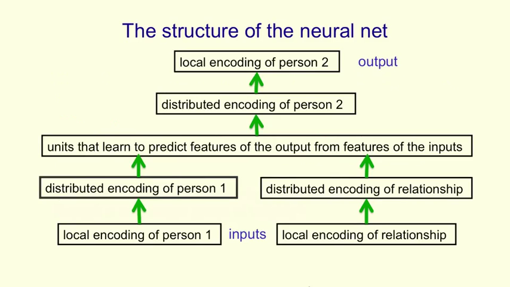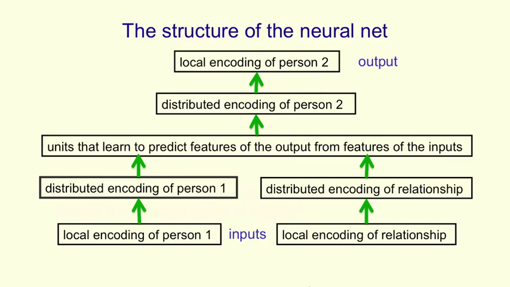So at the bottom of this diagram, we're going to put in a person and a relationship, and the information is going to flow forwards through this neural network, and what we're going to try and get out of the neural network after it's learned is the person who's related to the first person by that relationship.